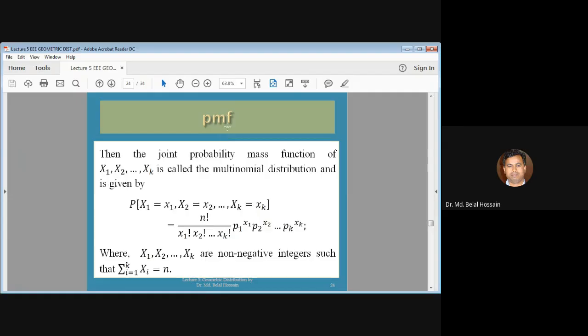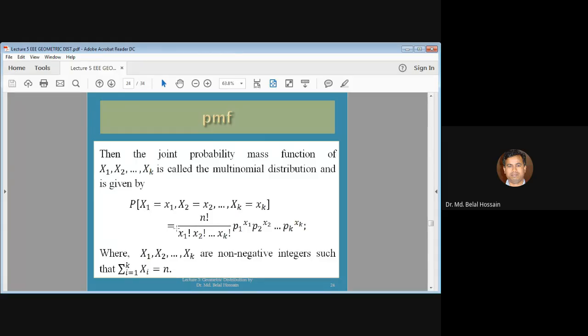So the PMF or PF of this distribution is factorial n divided by x1 factorial, x2 factorial, xk factorial, p1 to the power x1, p2 to the power x2 multiplication pk to the power xk, where these xi's are non-negative integers such that they sum to n as before, and the probability sum is equal to 1.